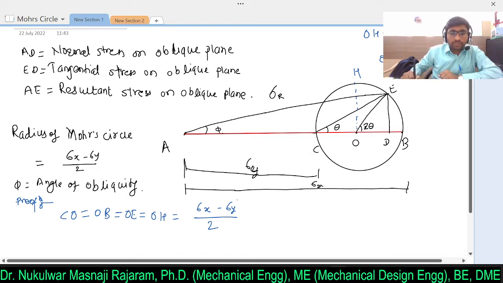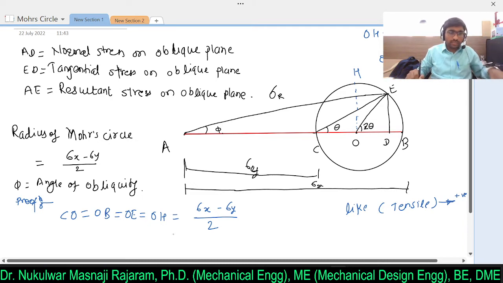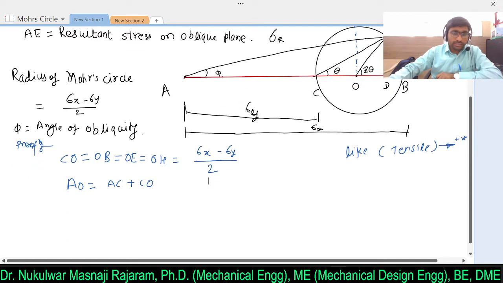Now here I have considered both the stresses as like stresses. Like means I have considered all tensile. That's why from A I am considering the positive direction, the right direction. Clear? So this is the radius, sigma x minus sigma y divided by 2. Now if I want to evaluate A to O, how can I write AO? That will be AC plus CO. AC is nothing but sigma y.